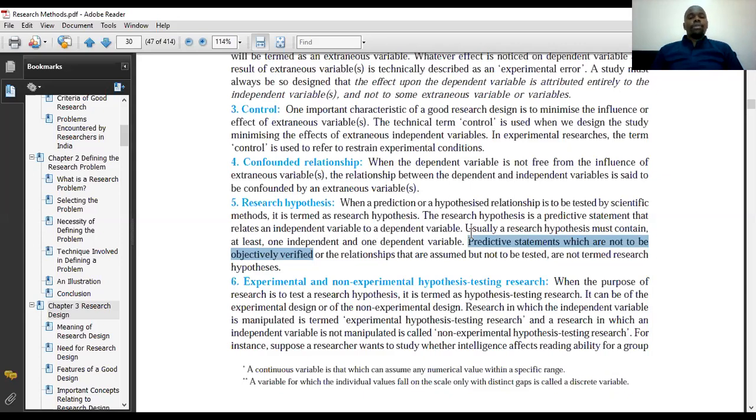So for instance, you may be doing a research on online buying and selling, e-commerce, during the COVID-19 pandemic. How has the COVID-19 pandemic affected online buying and selling? Are people buying and selling more online or more physically during COVID-19? You have not objectively verified it, but you can make a general prediction: because people are social distancing, the rate of e-commerce has gone higher.